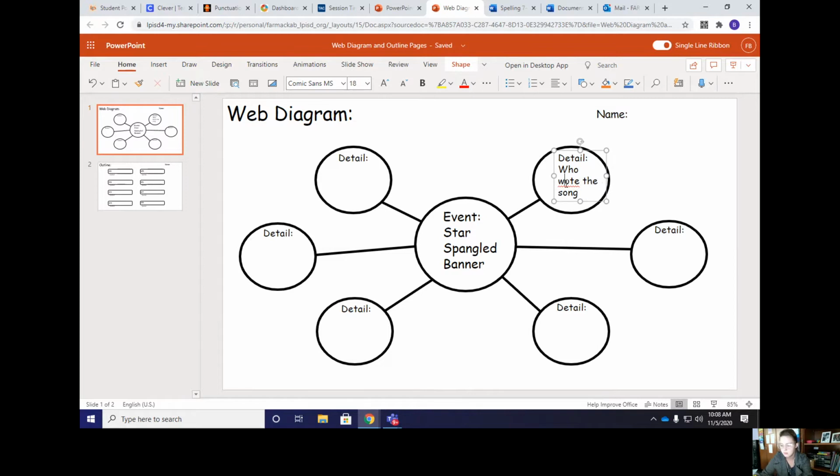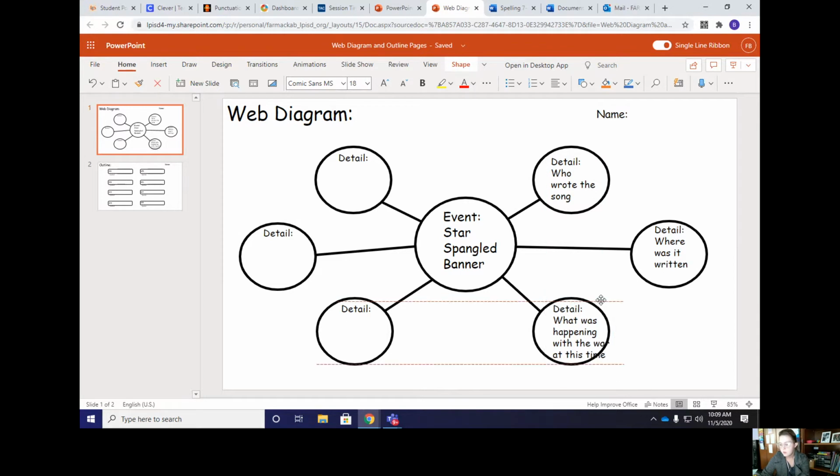And then another detail would be where was it written. And then lastly, we could write what was happening with the war at this time. That one's a little bit longer, but it's okay.